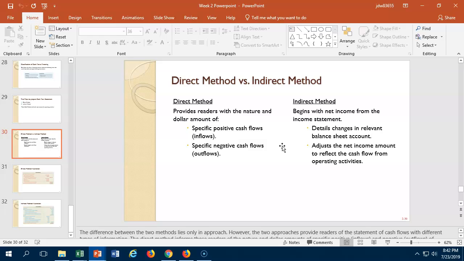The direct method provides readers with specific positive cash flows, specific negative cash flows. The indirect method begins with net income from the income statement and details changes in relevant balance sheet accounts, and adjusts the net income amount to reflect the cash flow from operating activities.